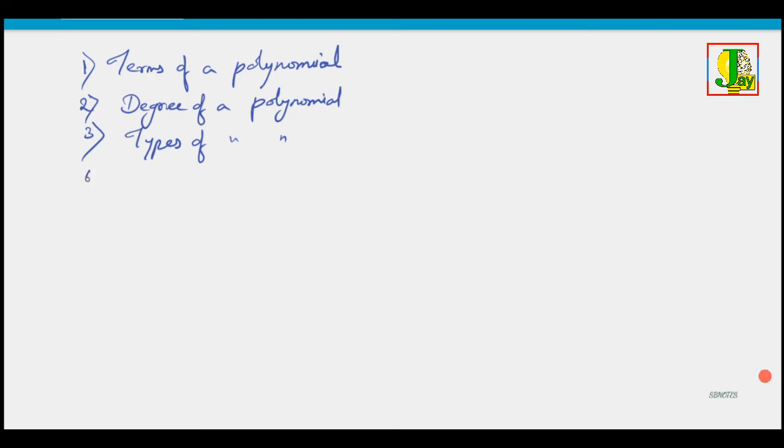Then we have seen value of a polynomial. Then roots of a polynomial equation.